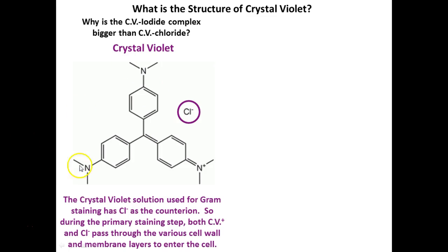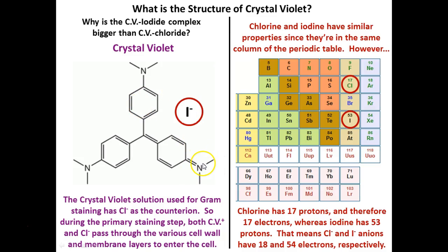So why is a crystal violet iodine complex bigger than crystal violet alone? If we look at the structure of crystal violet, it has chloride ions associated with it when it's in its solid form. When we put it into solution, the chloride ions separate from it. When crystal violet goes into the cells, because notice it's positively charged, we then add iodine.